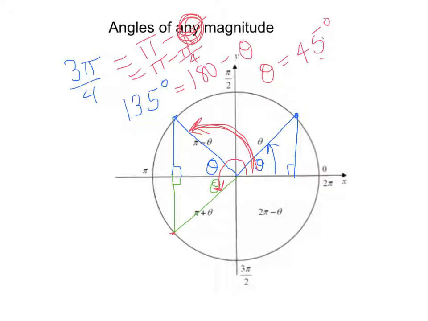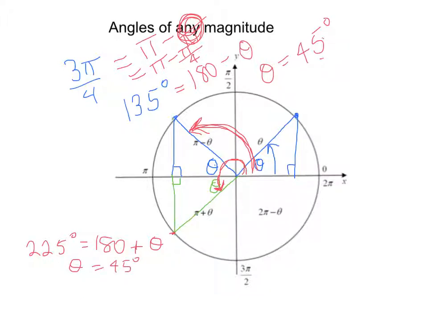And you can see that's going to be 180 degrees plus theta. So just say that angle there was, say, 225 degrees. You can say 225 degrees equals 180 plus theta. And the reason why you know it's plus theta is because 225 is more than 180. So then you can say that theta equals 45 degrees.